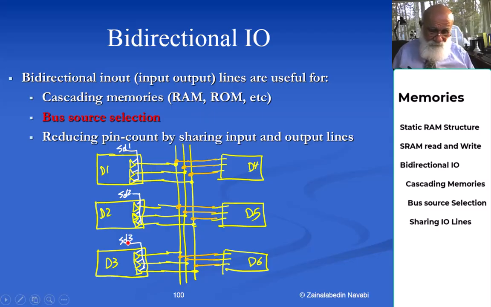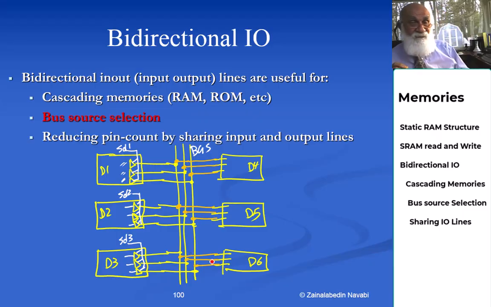Okay? If device 1 is selected, the contents of whatever I have over here will be driving the bus. If device 2 is selected, the contents of whatever I have over here will be driving the bus. This is the shared bus. And then if device 3 is selected, the contents of that will be driving the bus.